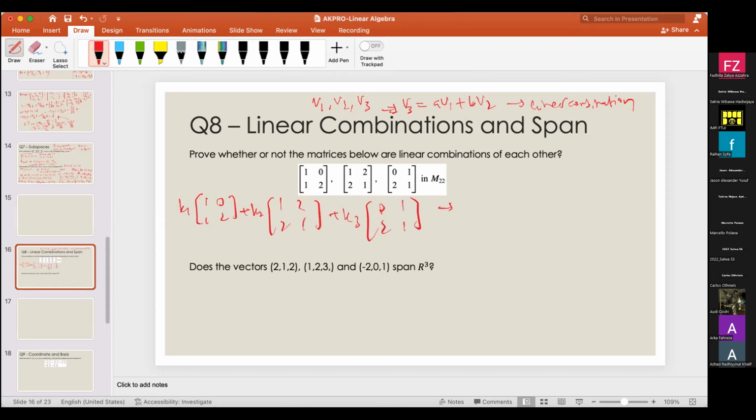This equals K1 plus K2, plus 2K2 plus K3, K1 plus 2K2 plus 2K3, and 2K1 plus K2 plus K3.